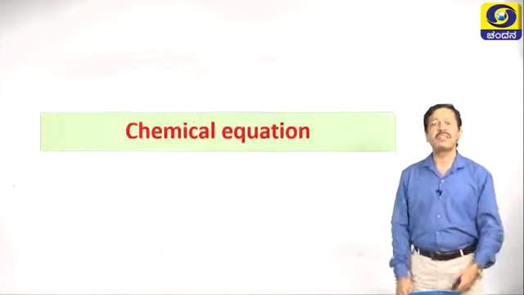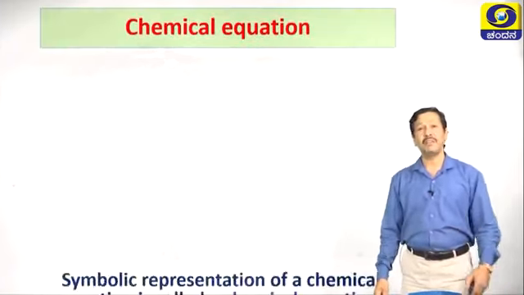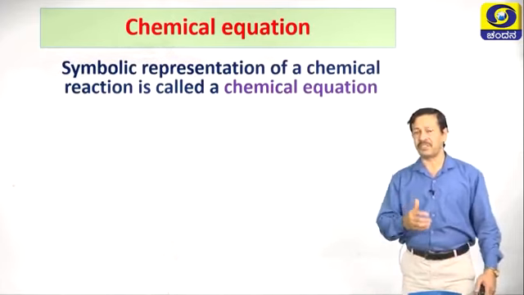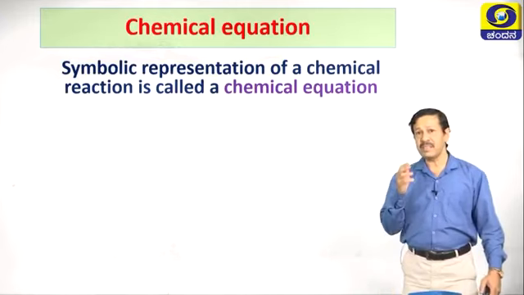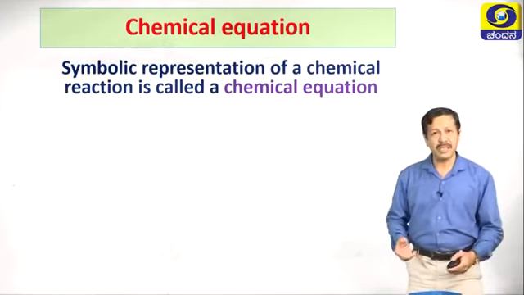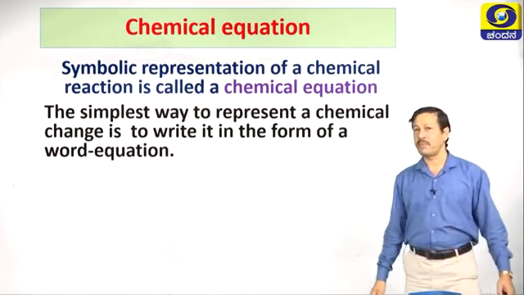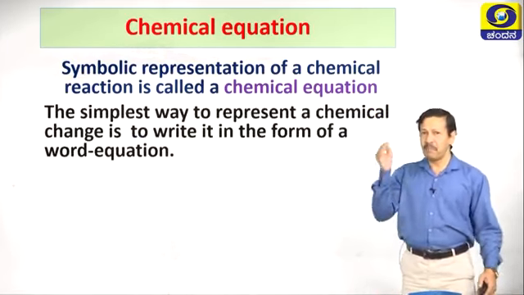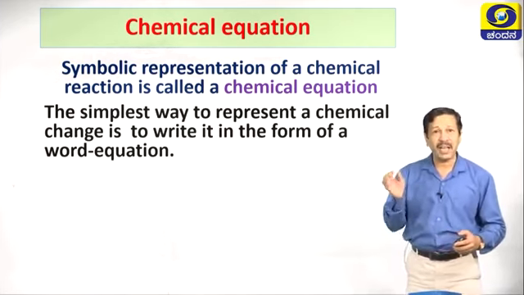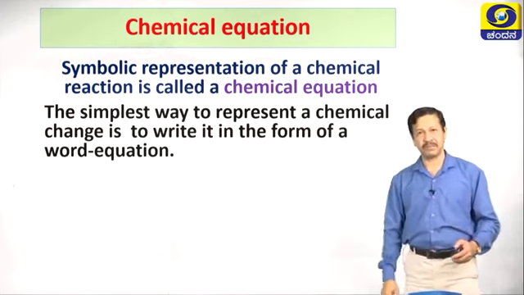Now, let us move on to the next slide, that is chemical equation. Symbolic representation of a chemical change is termed a chemical equation. Here we are using suitable symbols and formulae to represent this. The simplest way to represent a chemical change is to write it in the form of a word equation.